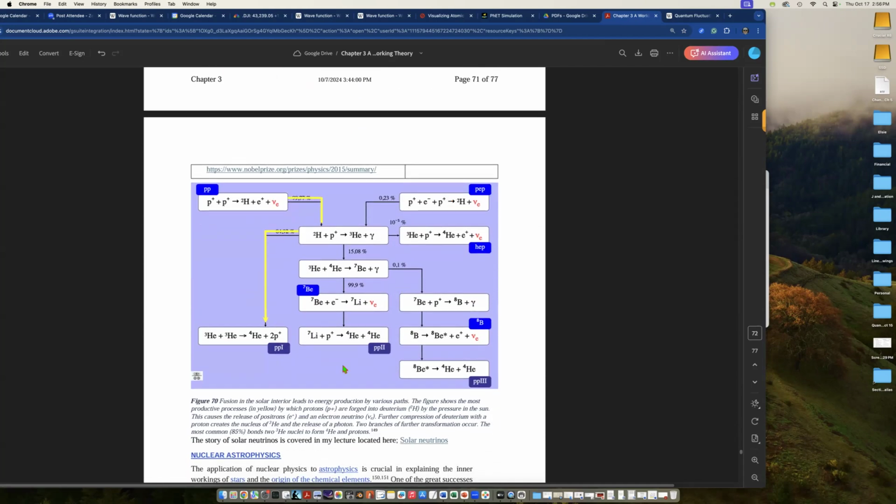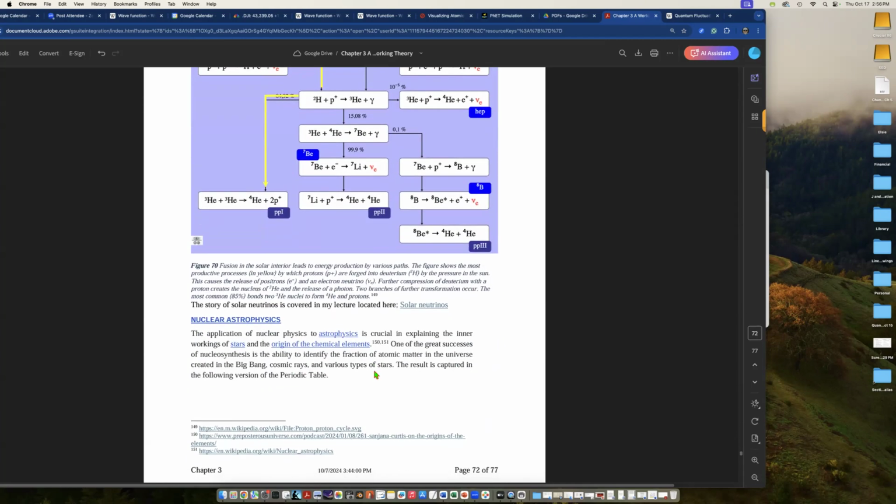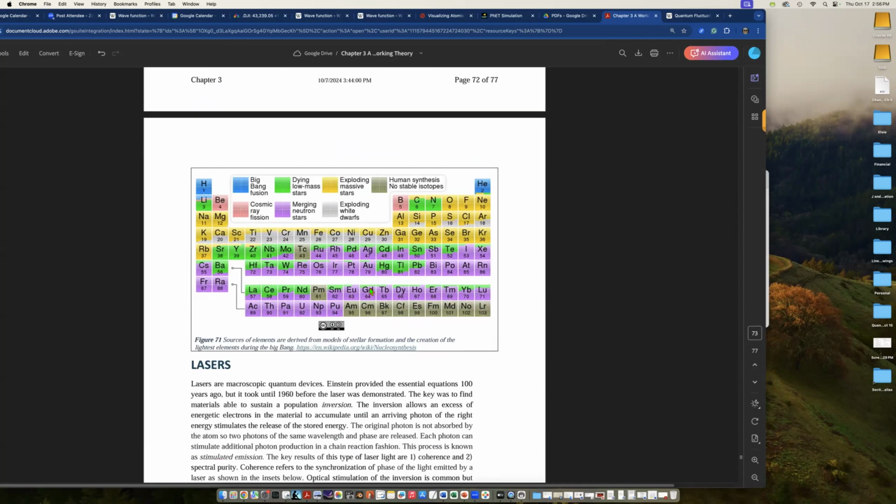And you can just scan over this. This is kind of a description of how that process works. So once again, here's the periodic table now understood in the context of how the elements in the universe were produced. And this data is compared with what is measured in galaxies.